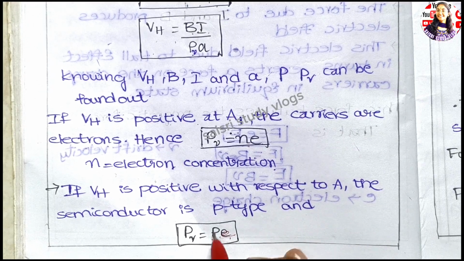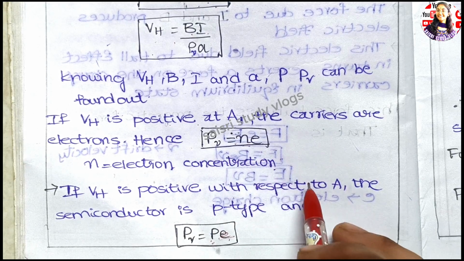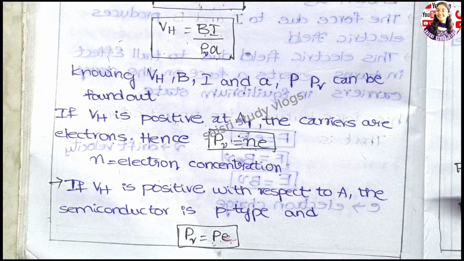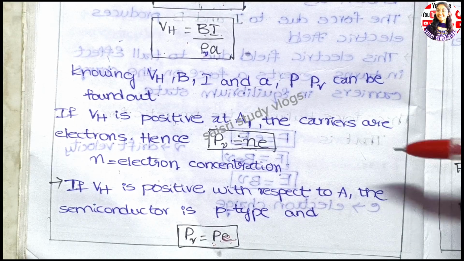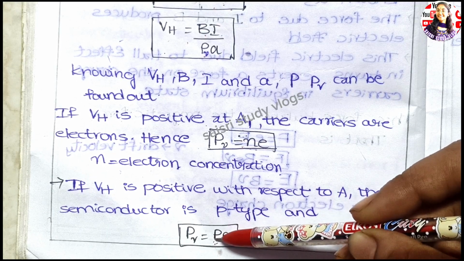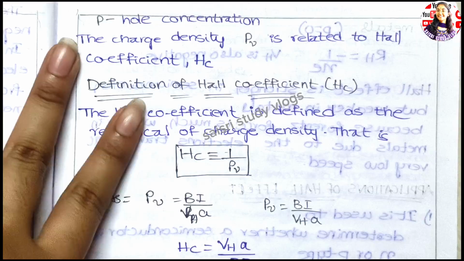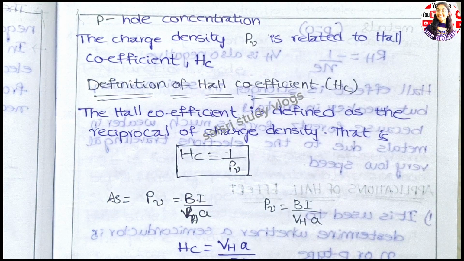P is the hole concentration, N is the electron concentration. So this is enough for the Hall effect. If they ask you to write about the Hall effect or the derivation, this is enough.